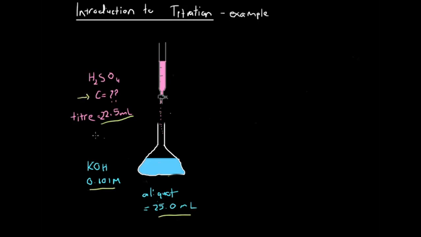First, we need to write out the chemical equation for this reaction. We've got a classical acid-base reaction here. We've got potassium hydroxide and sulfuric acid, and we know that because it's an acid and a base.